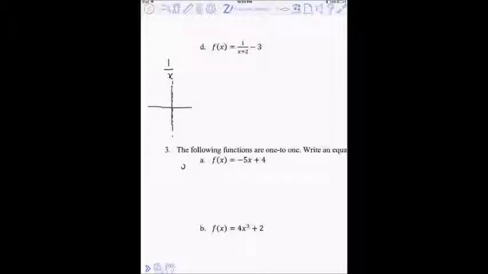The numerator then has a smaller degree than the denominator, which means there's a horizontal asymptote at 0.